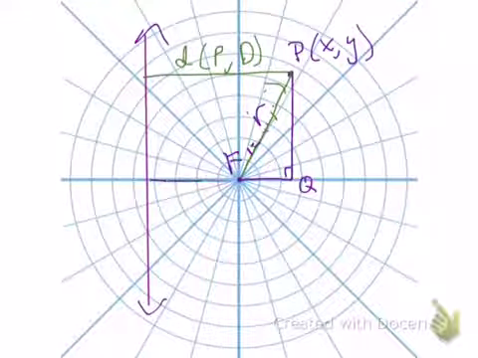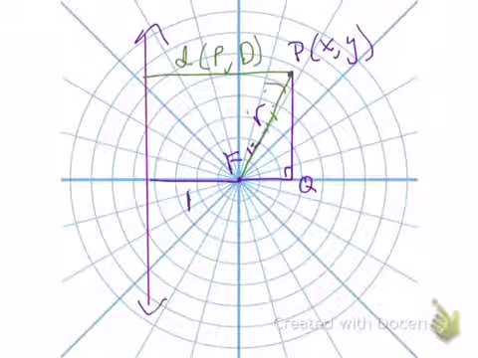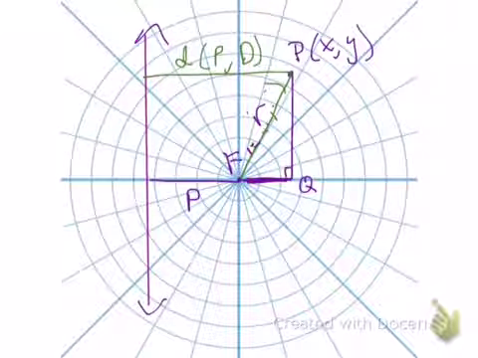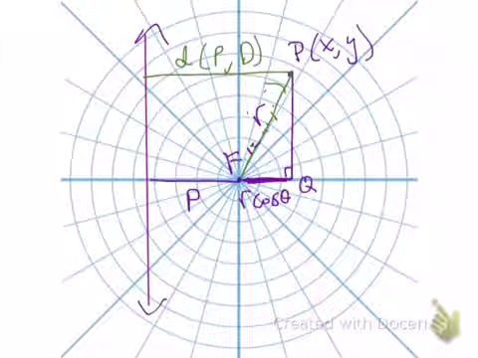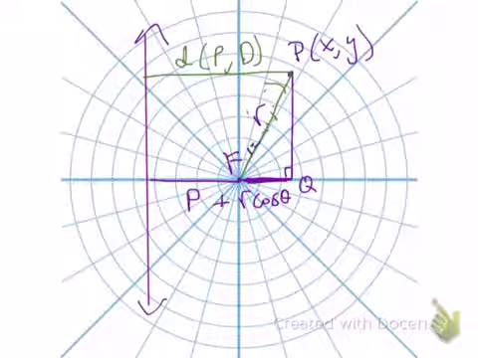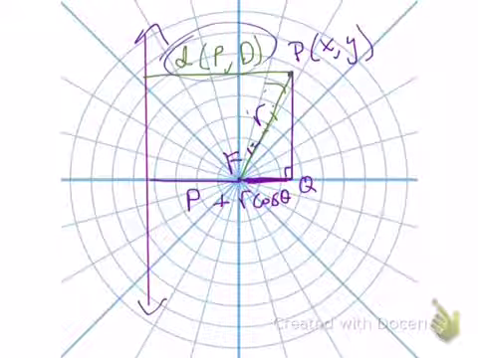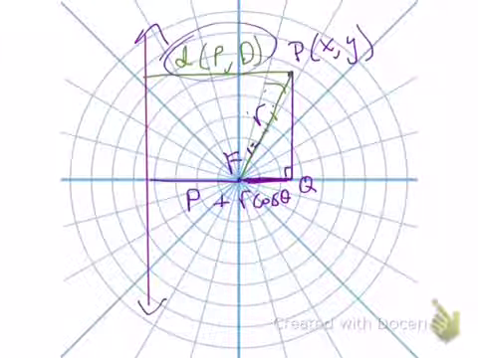So I'm going to call that distance from the focus to the directrix p, and then this other horizontal part that I just drew in, remember, that's just a triangle, so that's r cosine theta, because that's the horizontal component. So if I add those together, I get the distance between the point and the directrix.